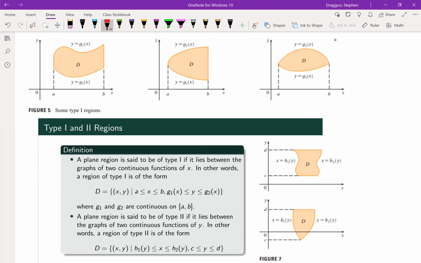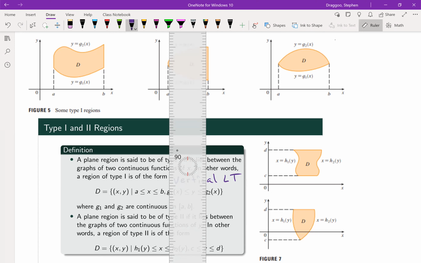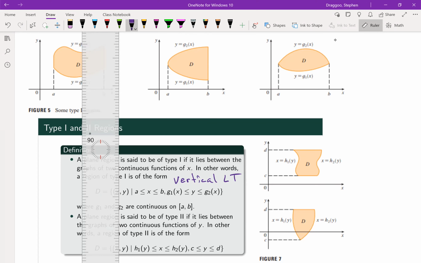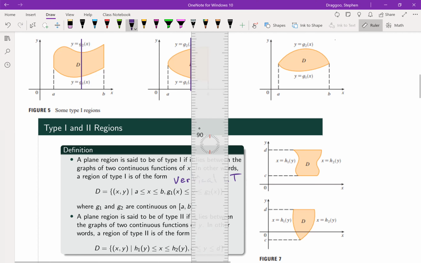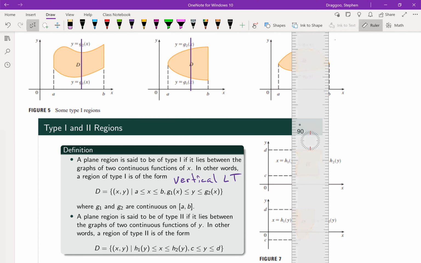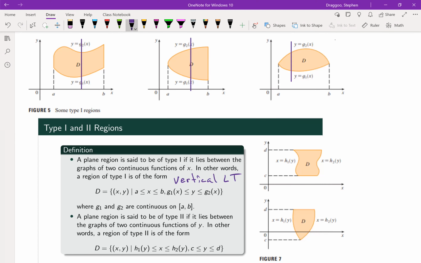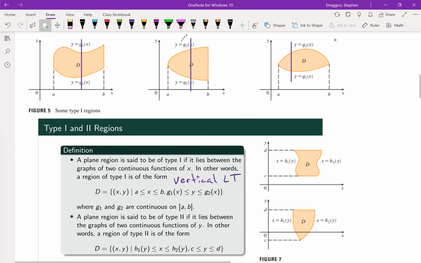And what you might want to think here is that a type 1 region is one that can pass the vertical line test. That means the top and the bottom should pass that vertical line test. So if we pull out the ruler and look at any vertical line through these regions, we can see that the functions along the top and the bottom are going to pass that vertical line test.